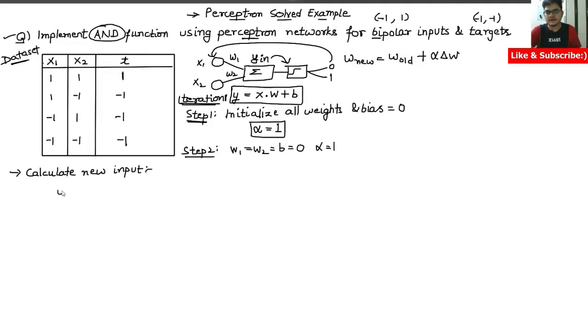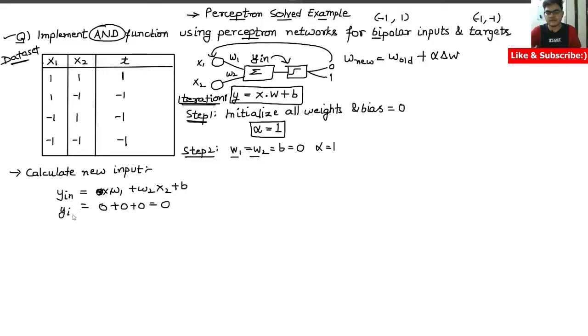So let's calculate the net input, which is yin equals to, so now you can see the bias is 0, and since weights are initialized as 0, I will basically get 0 here, which is yin equals 0. Or I can just write it like this: w1 x1 plus w2 x2 plus bias, which is equal to 0 plus 0 plus 0, which is equal to 0.